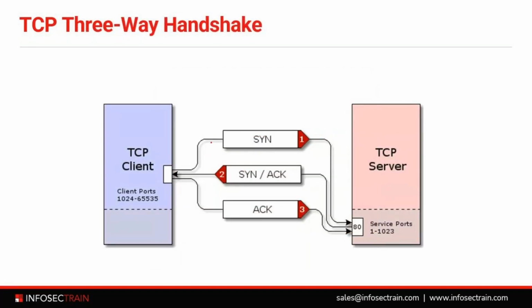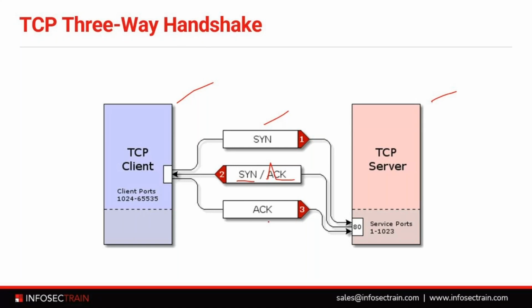So you have two devices, and these two devices want to communicate with each other. The client will send a synchronization flag to the server: Hi server, my name is client and I want to connect with you, right? The TCP server will acknowledge that it has received your synchronization flag and will also send a synchronization flag: okay, if you want to connect, I also want to connect with you.